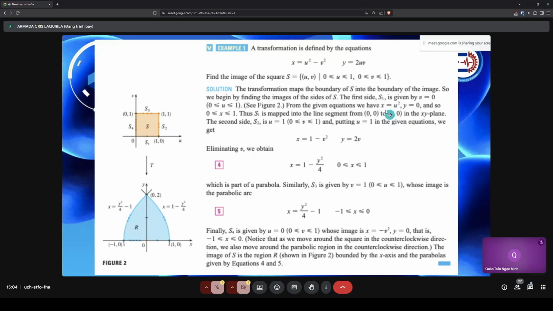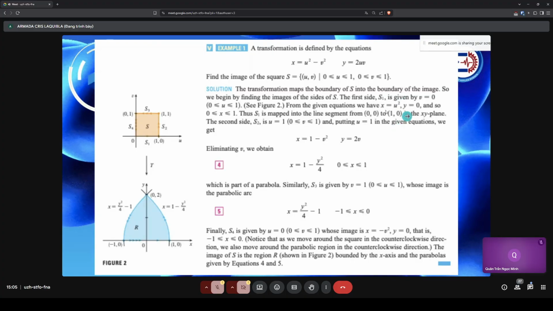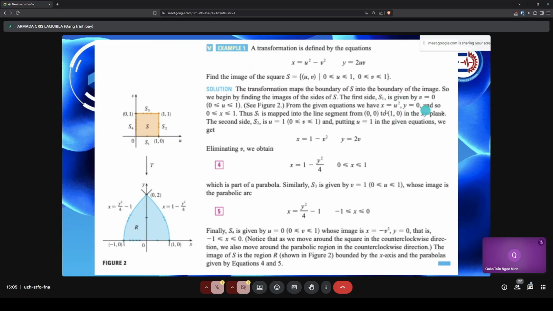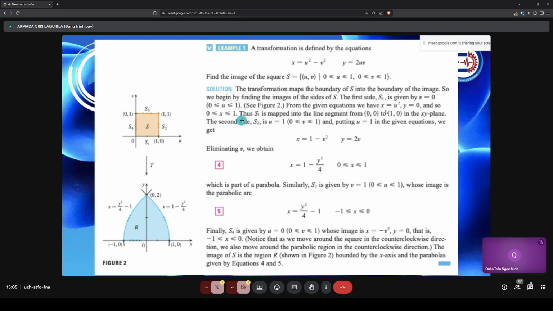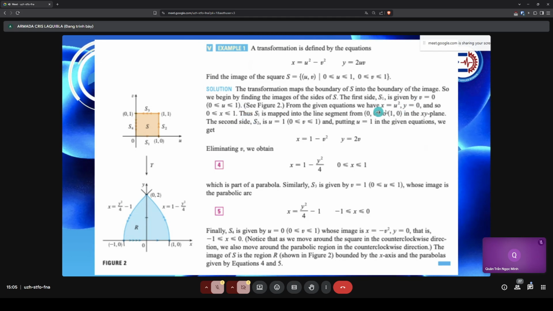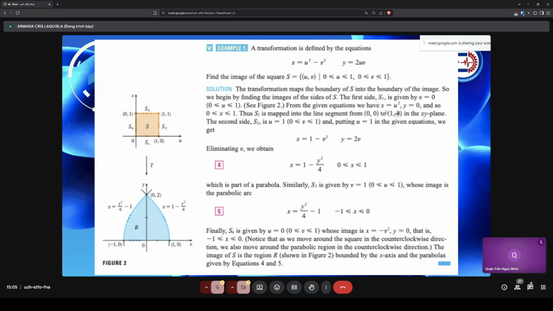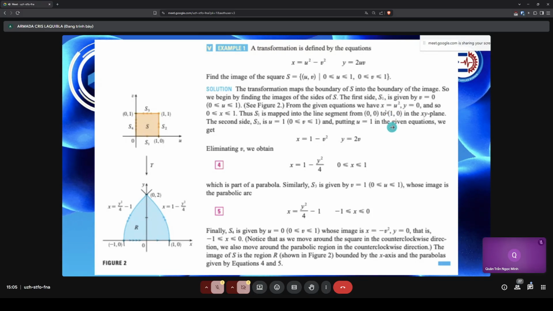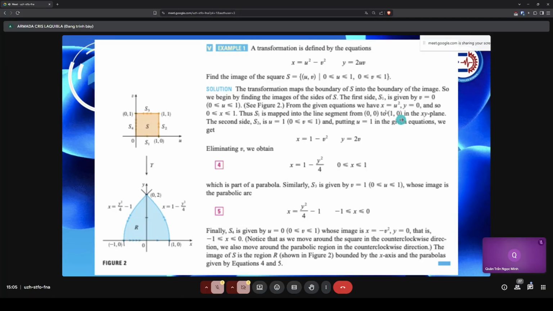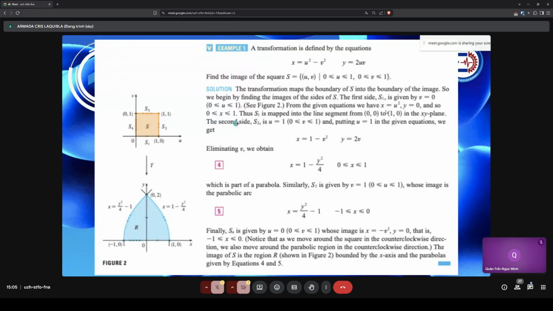So you have there x is equal to u squared and y equals 0. And since your u is bounded from 0 to 1, what is your u squared? If you square all the numbers there in the u, your x is also from 0 to 1, correct?